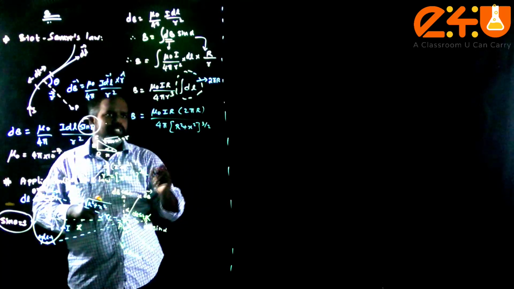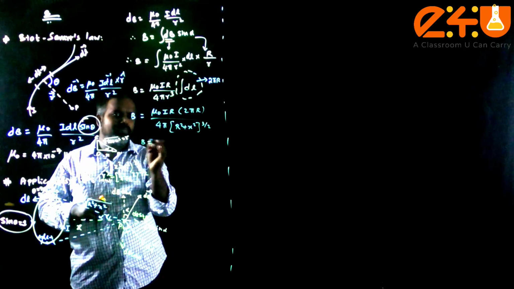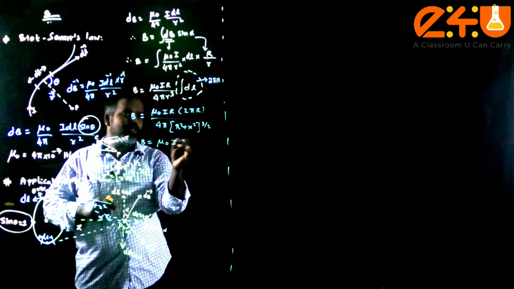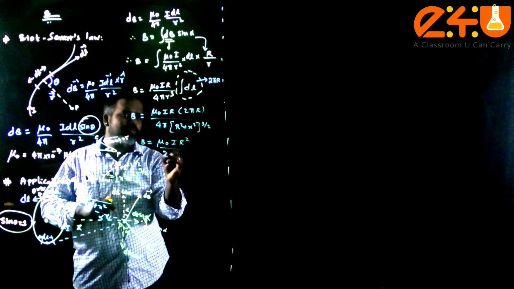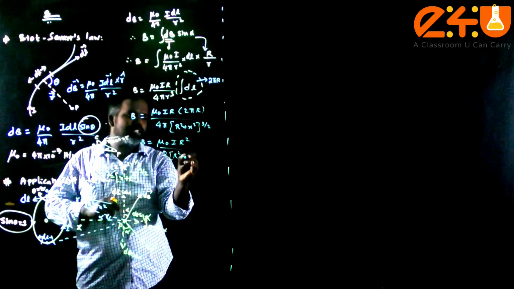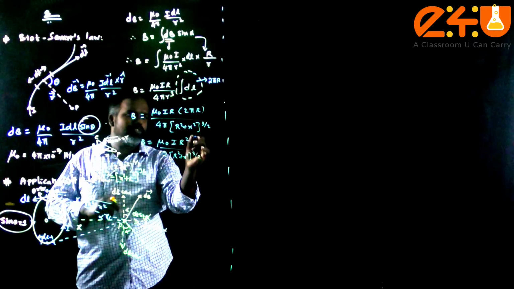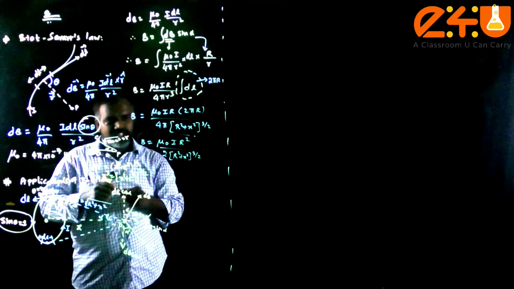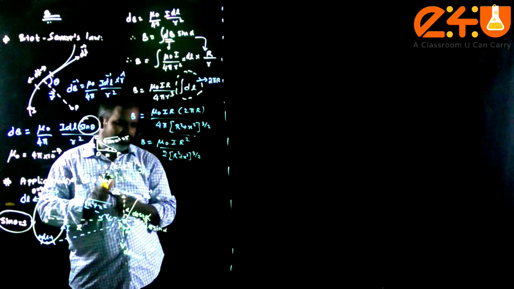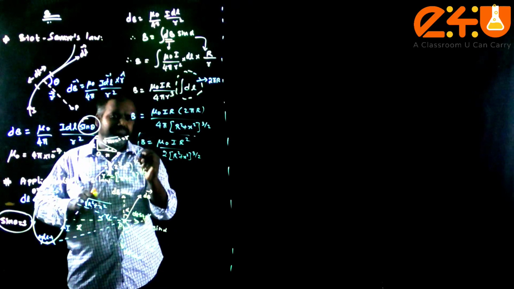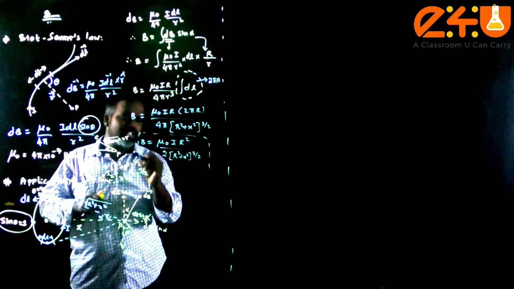Or we can write that B is equal to mu naught I R square divided by 2 into R square plus x square whole power 3 by 2. So this is the required expression for a current carrying circular loop.